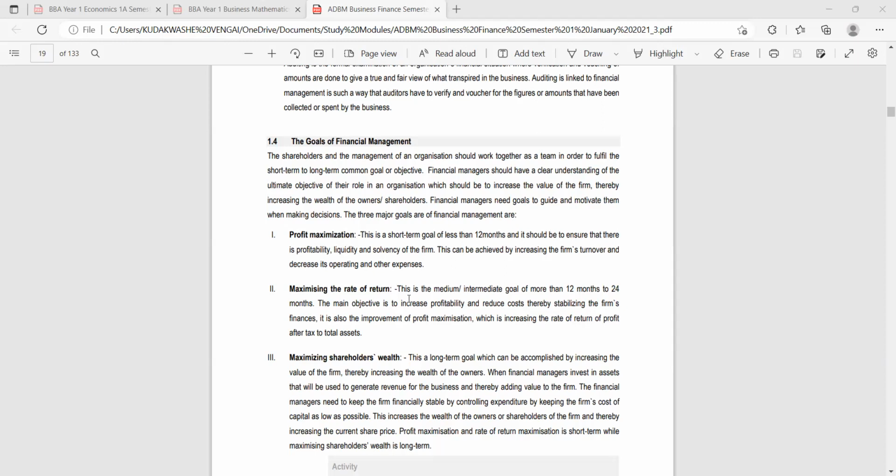That's the reason why you've gotten into business, to make a profit. Then the second one is maximizing the rate of return. When we say rate of return, we are saying that I have invested 100,000 rand in this business. How much am I getting for the 100,000 that I have invested? If I'm getting 50% back, is that good enough? If I'm getting 10% back, is that good enough? Is there no better opportunity for me elsewhere? So that's maximizing rate of return.